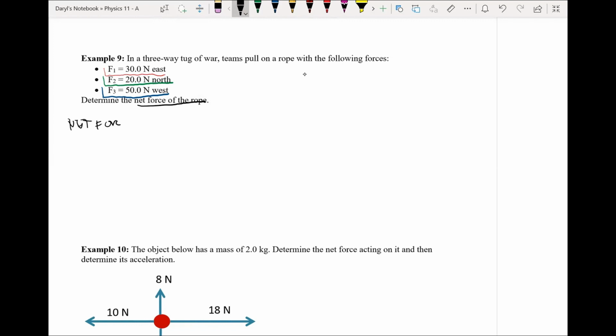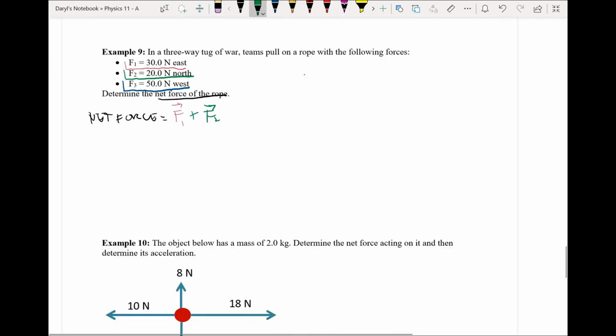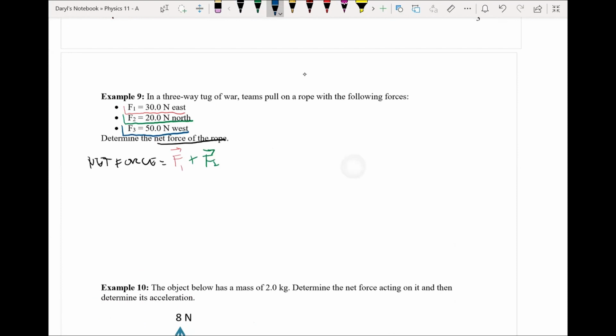So net force is just the sum of all the forces. That means I'm adding F1 plus F2 plus F3. Again, the sum is just the net force. So graphically, if I'm going to show that, we can represent east as going to the right.